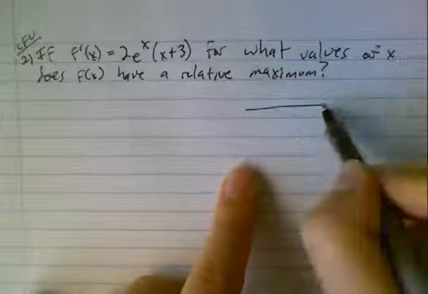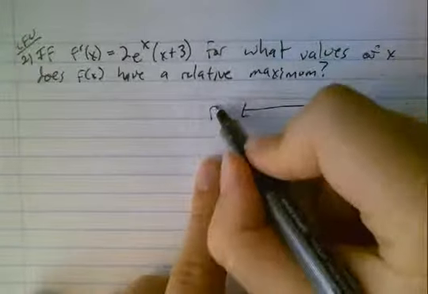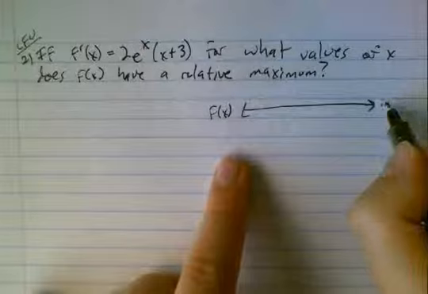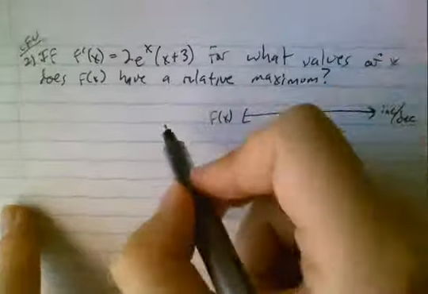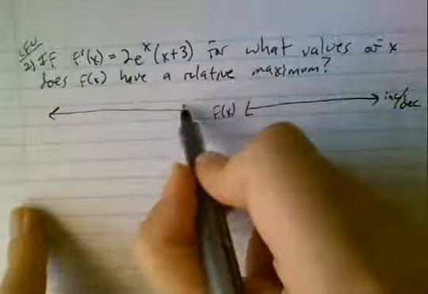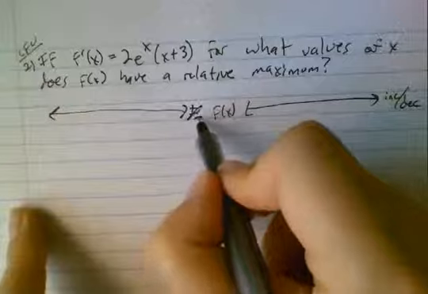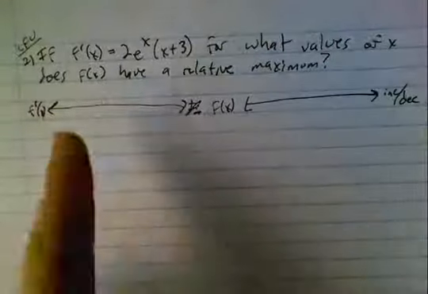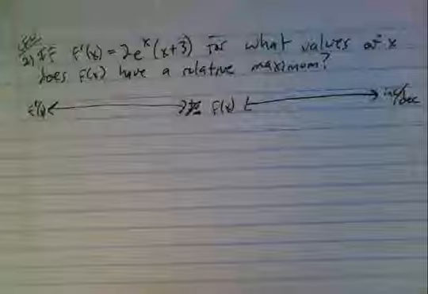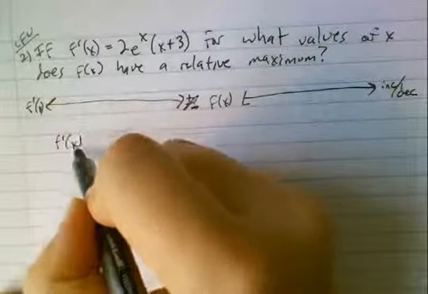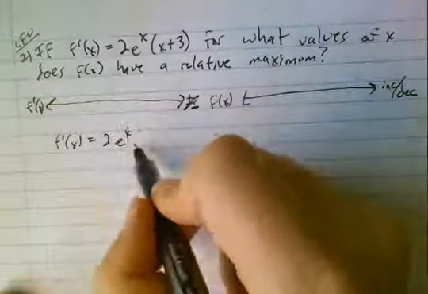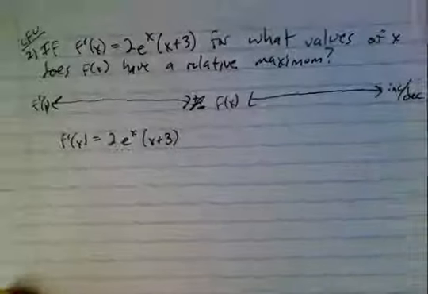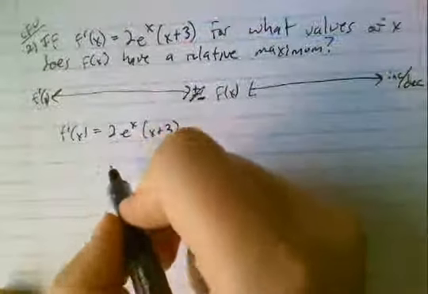First thing, we draw our answer line. Second thing, because we're working with an equation, we translate it to plus, minus, and that happens to be f prime of x. And look, lo and behold, we already have an f prime of x. So f prime of x is 2e to the x, x plus 3.